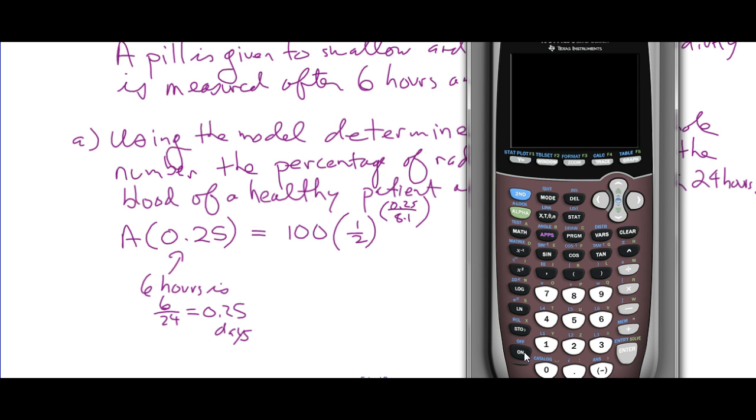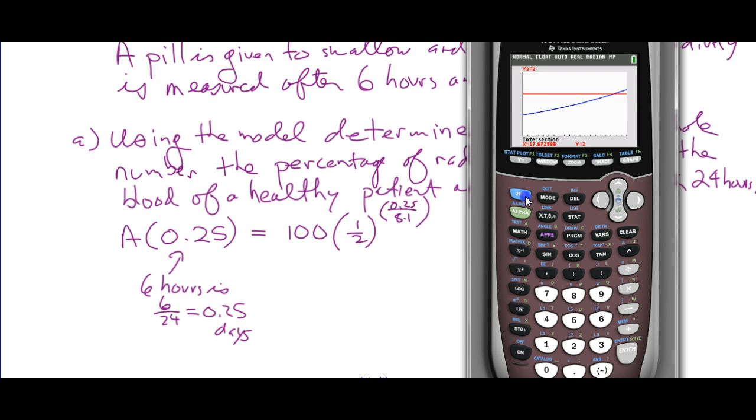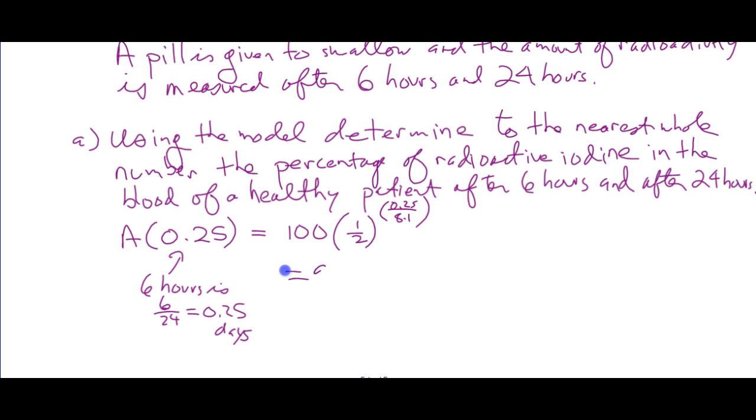Turn this thing back on, get out of the graph. 100, bracket 1 divided by 2, bracket, to the power of, bracket, 0.25 divided by 8.1, close bracket, enter. 97.9, that's to the nearest 10th. So after 6 hours, they still expect to see 97.9% of the radioactivity.